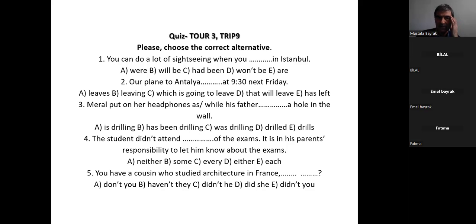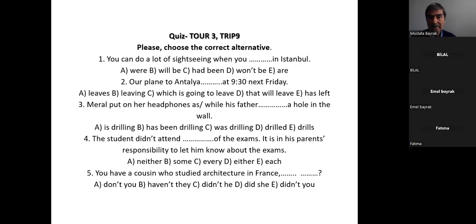So, because it's a negative sentence, the student didn't attend either, yeah, because there is didn't. The student didn't attend either of the exams. It is in his parents' responsibility to let him know about the exams. Okay.